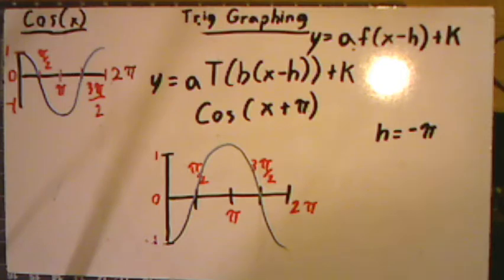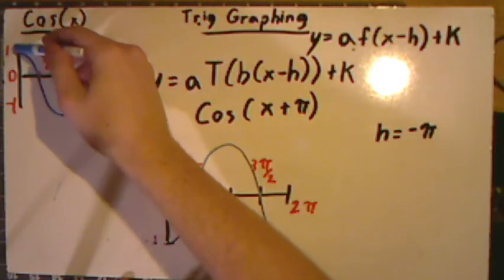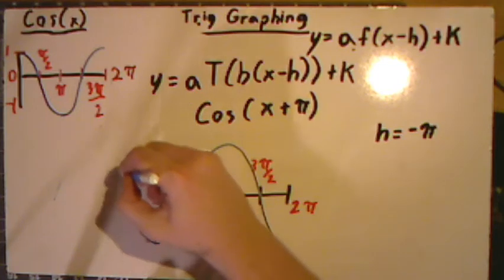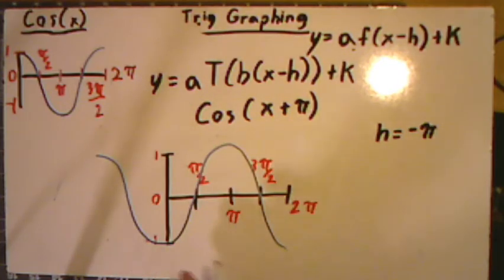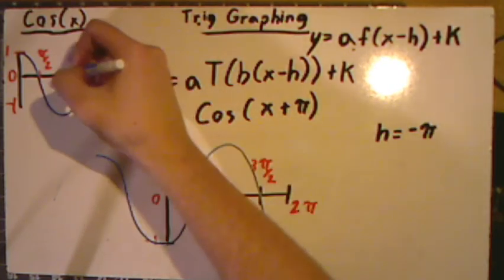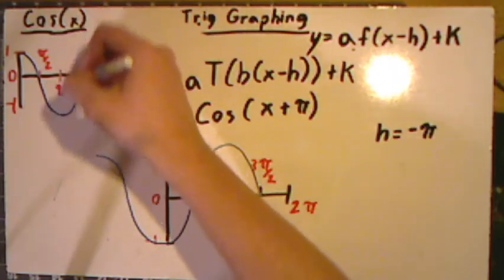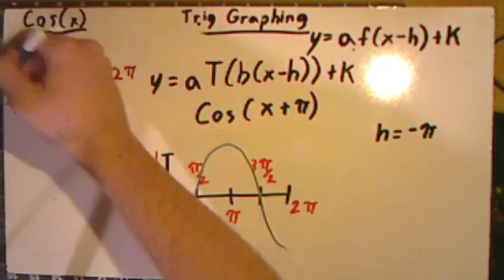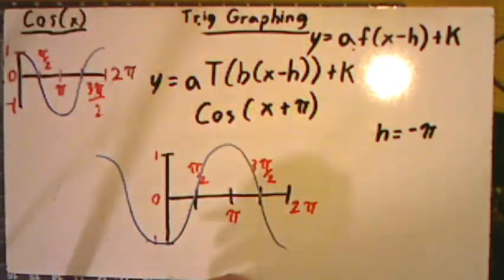And if we drew in the starting value here, this would actually come up to right there, and we could see that we moved this part of our graph past our 0 point.